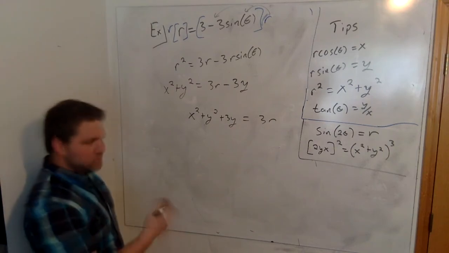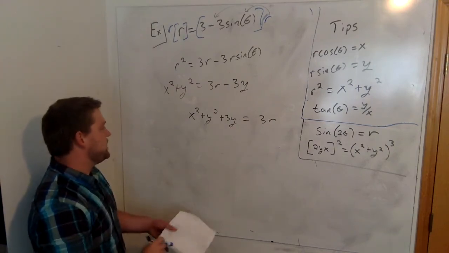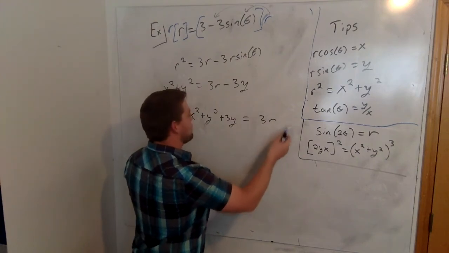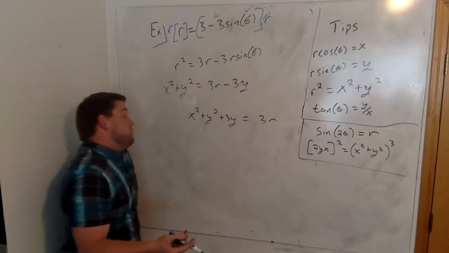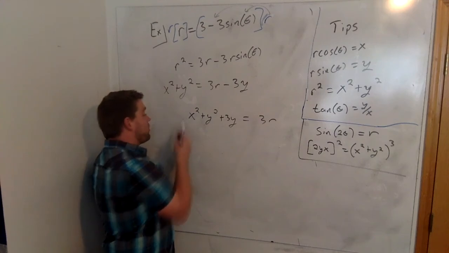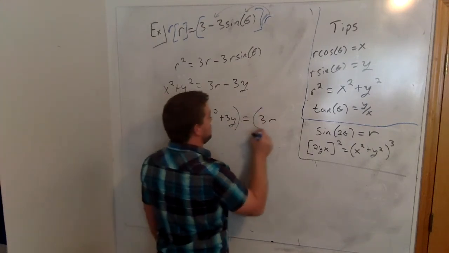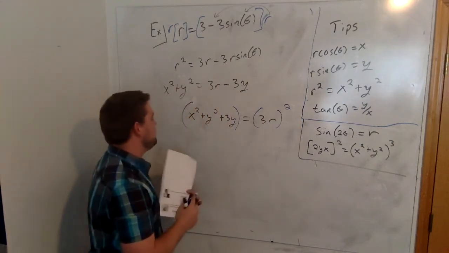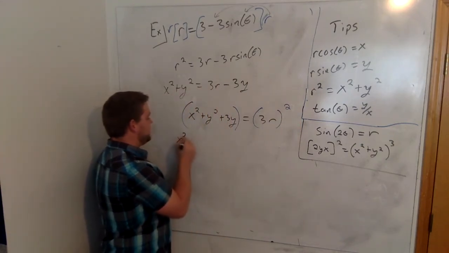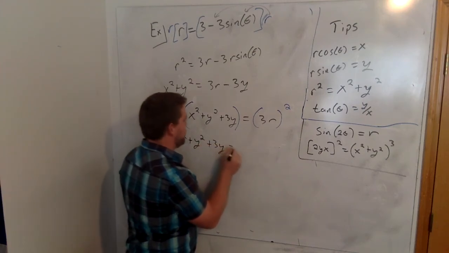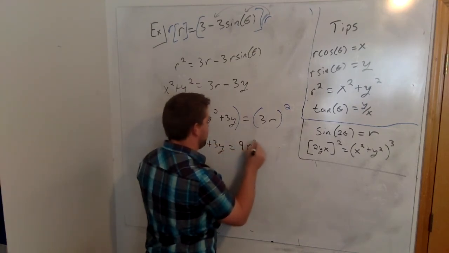And kind of similar to what we saw in the last example, I guess we could multiply both sides by r. Sure, we'll get an r squared here. But I'm still going to have the leftover r on the left-hand side to deal with. So the only thing I can think to do here is square both sides. Okay, so now we're going to get x squared plus y squared plus 3y is equal to 9r squared.